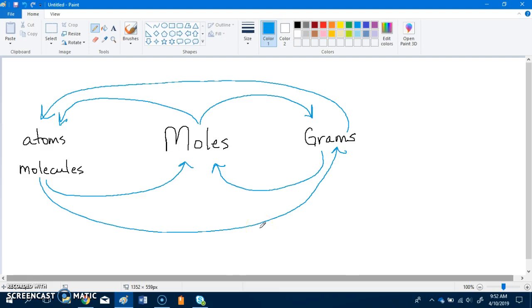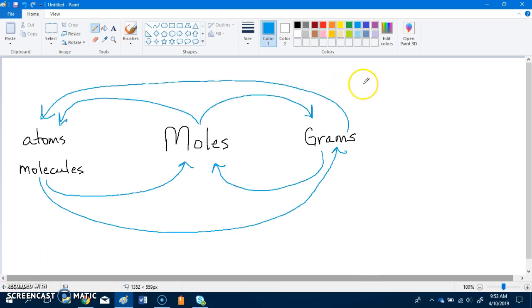So just some tips on how to set up your equations, specifically when you're using those conversion fractions or factors. How do you know what to put in the numerator, the top position of the factor, and what to put at the bottom position, the denominator position of the fraction?